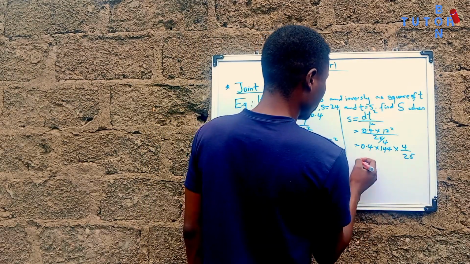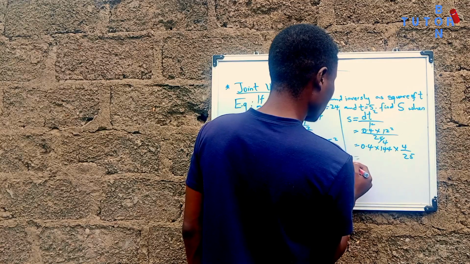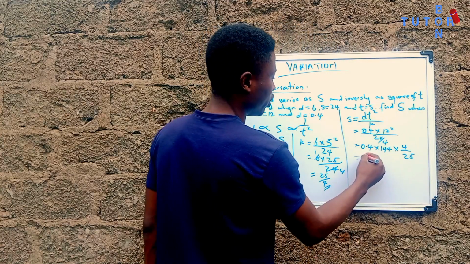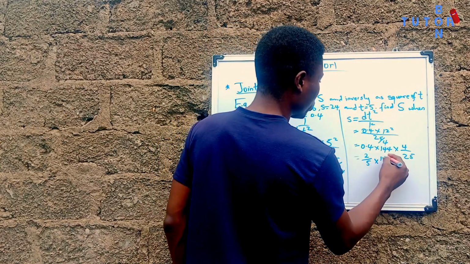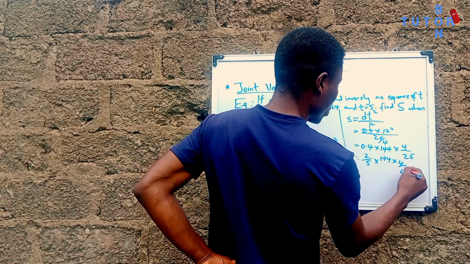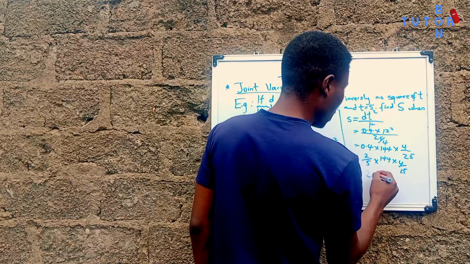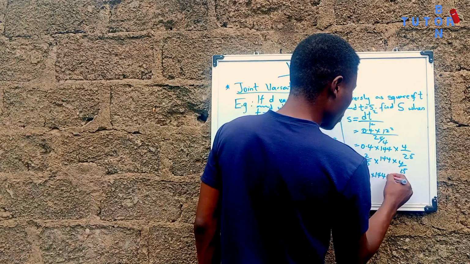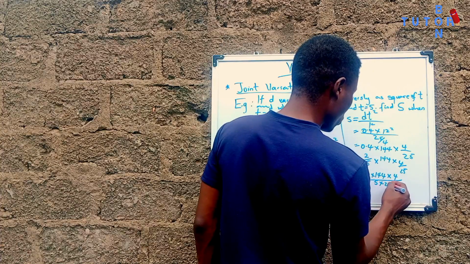So you can write this by saying 2 over 5 multiplied by 144 multiplied by 4 over 25. So you have 2 multiplied by 144 multiplied by 4 over 5 times 25.